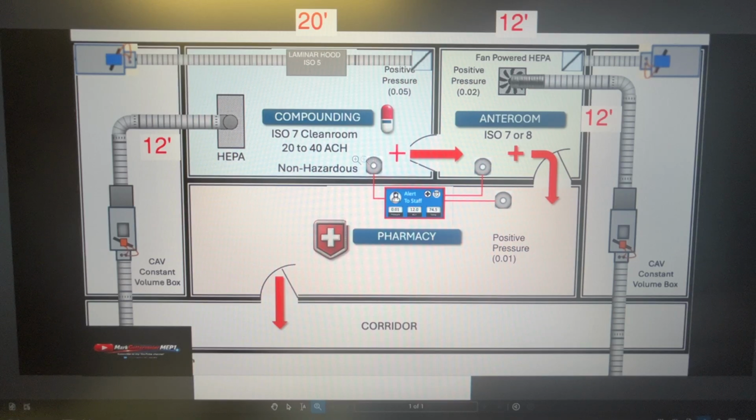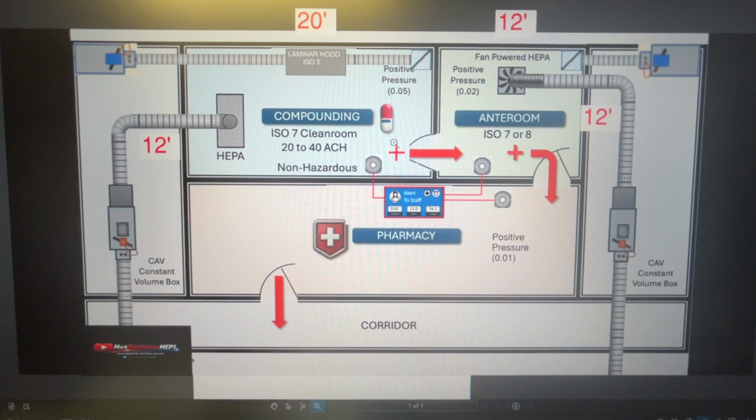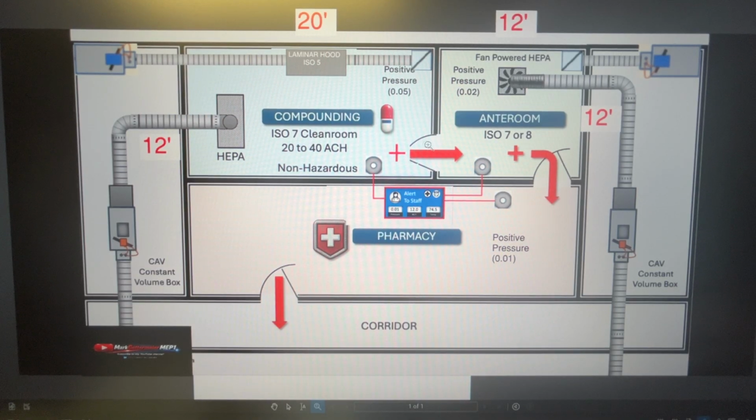So for instance, if we were to bring in 2000 CFM of positive air into the clean room, we'd probably want to take somewhere around 1800 CFM out constantly. And that would leave us with 200 CFM or so to get to the ante room.